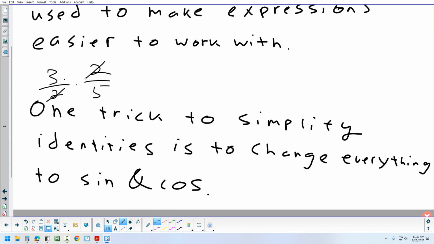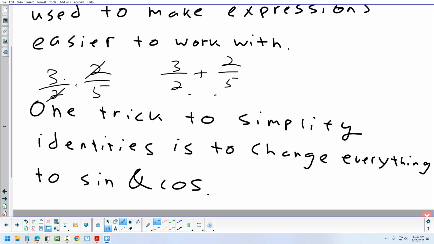Right? That works with numbers. It also works with letters, and it's going to work with what we're doing today. Now, if you're adding, like 3 over 2 plus 2 over 5, no. You cannot cancel the 2's out. The only way you can add fractions is to find a common denominator. All right, so with addition and subtraction, canceling doesn't work. But multiplication, yep, works fine.